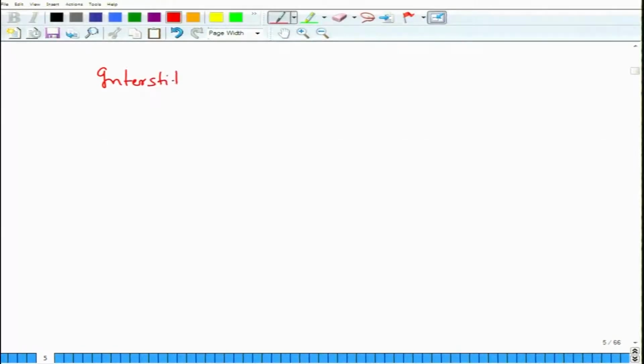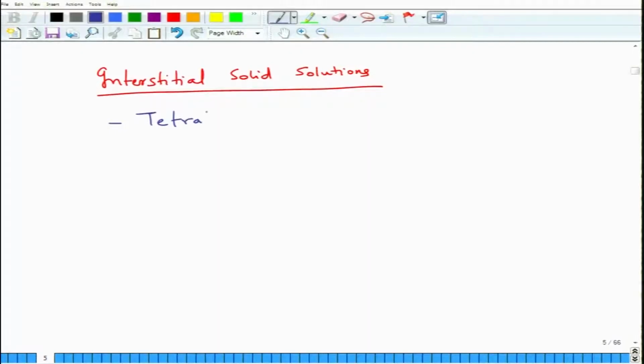And the second solid solution is interstitial solid solutions. In this, the interstices may go to tetrahedral site or octahedral site.